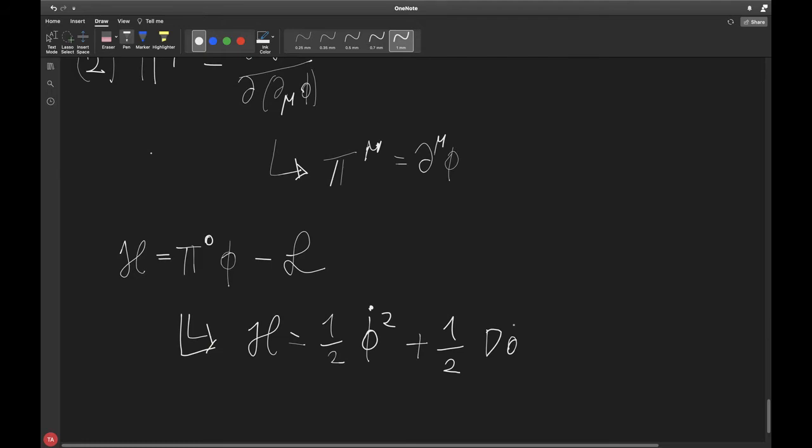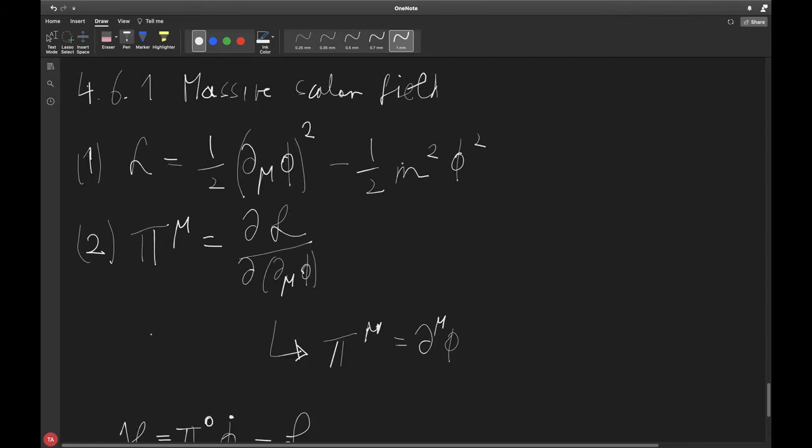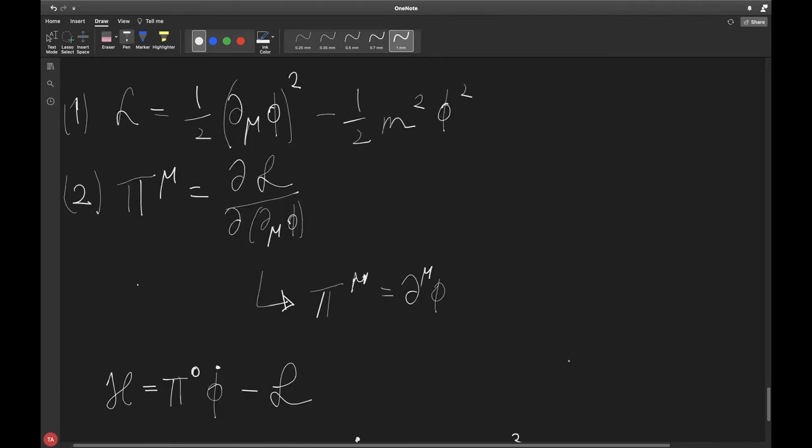So when you take the zeroth component of this, that's going to be the time derivative of the phi multiplied with the time derivative of the phi, the phi derivative squared, and then including that this was the Lagrangian, when you do the subtraction, this will lead to the 1/2 factor, and our minus 1/2 m squared phi squared is going to become now plus 1/2 m squared phi squared, just because we were subtracting the Lagrangian.